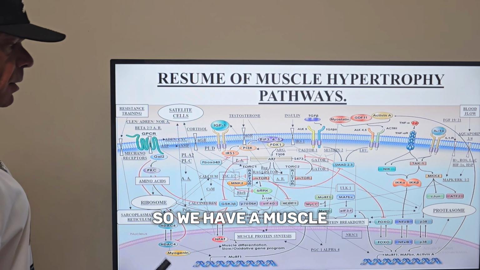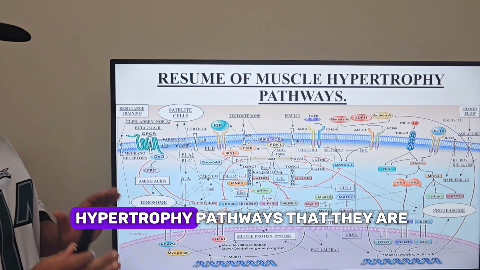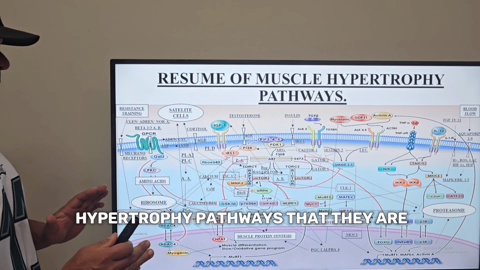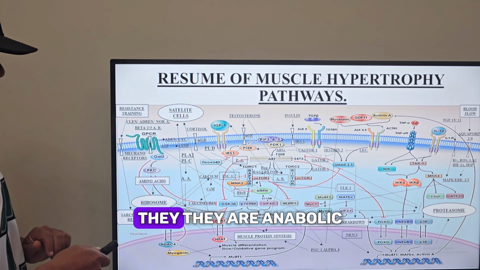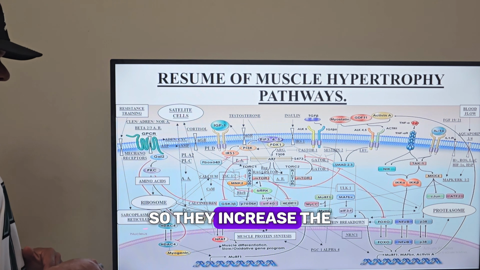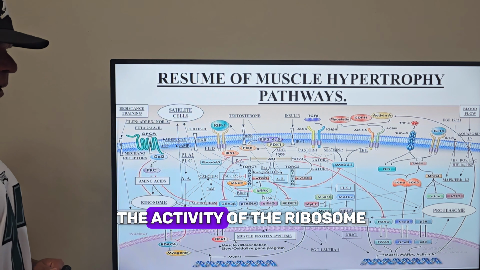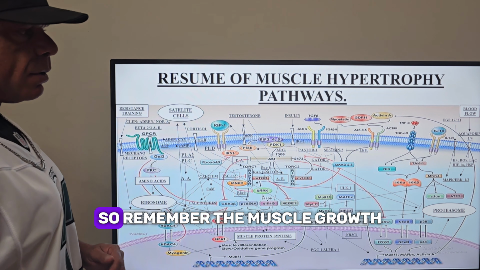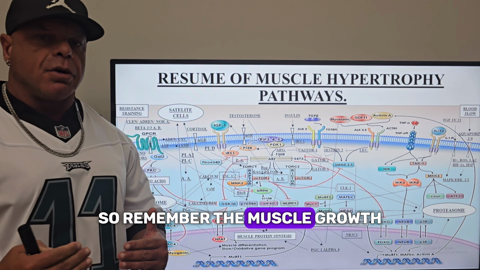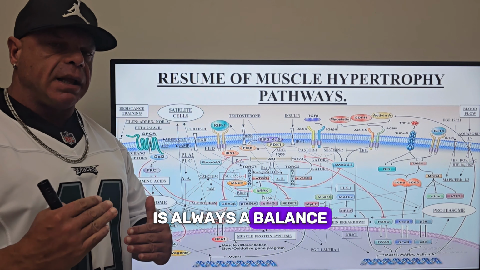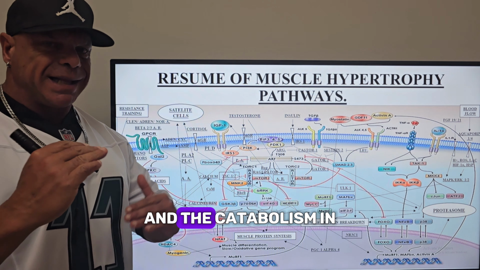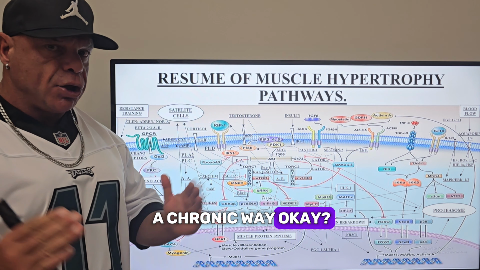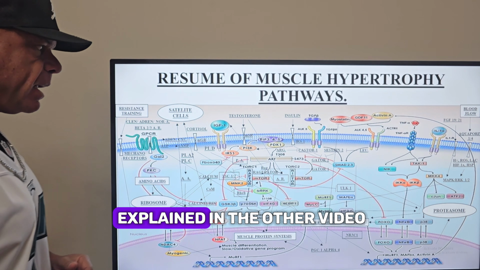So we have muscle hypertrophy pathways that are anabolic, so they increase the activity of the ribosome, and you have other ones that block the proteasome. Remember that muscle growth or muscle hypertrophy is always a balance between anabolism and catabolism in a chronic way, okay, not in an acute way, like I explained in the other video.